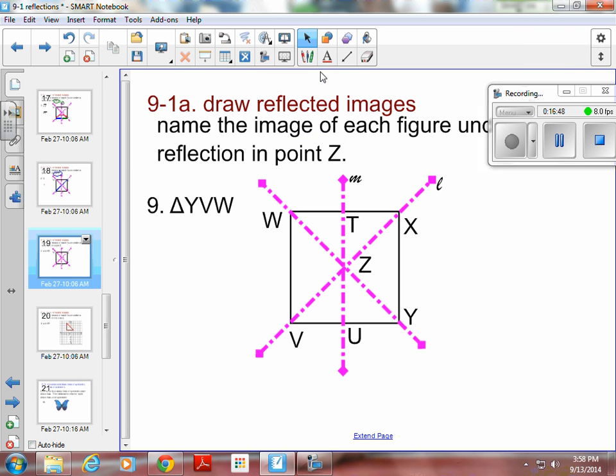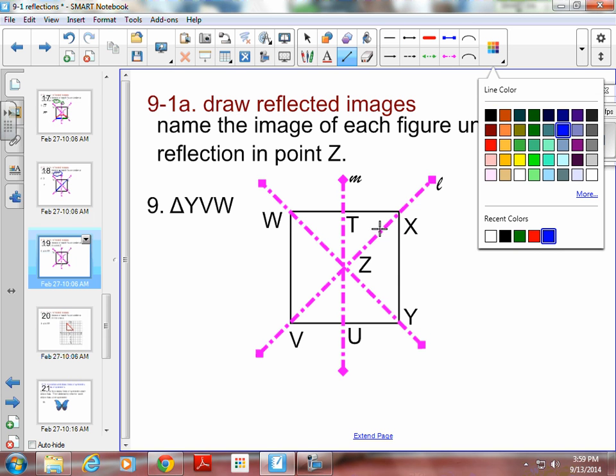And this one, we're going to go for a whole triangle. So let me shade in the triangle for you. Let me grab the dark blue here. And I want to go with some thicker lines too.